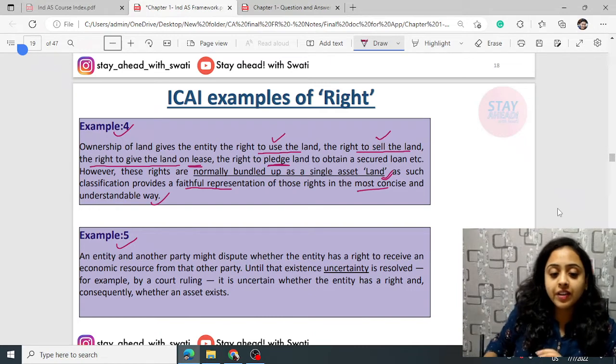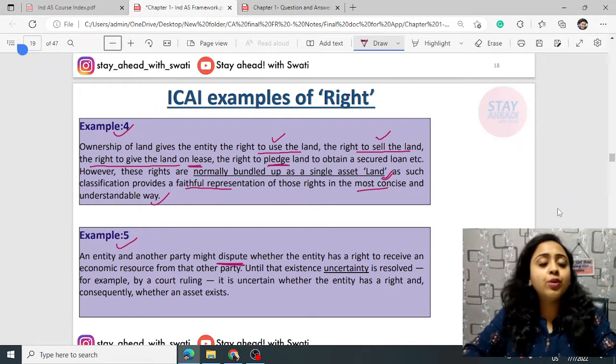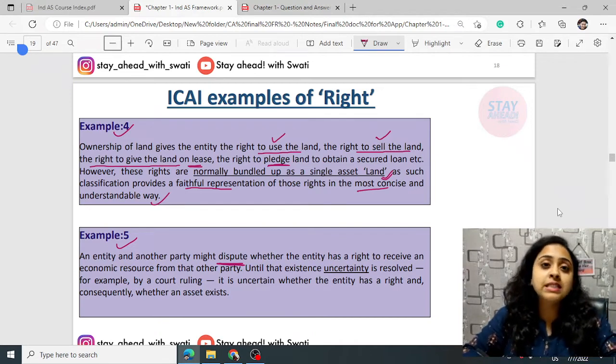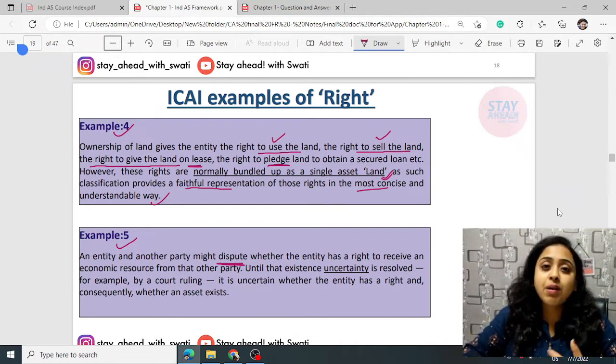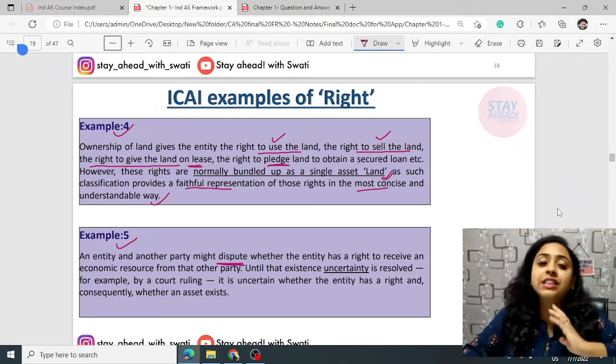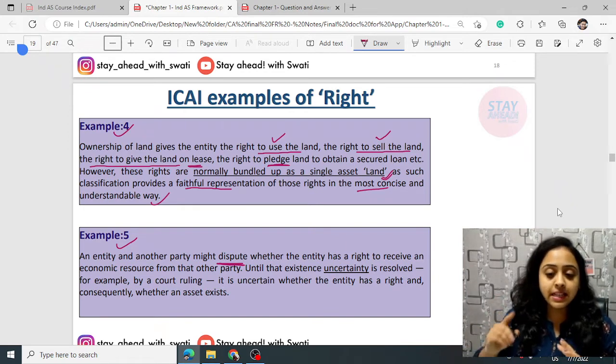Example number 5. An entity and another entity might have any dispute about the amount. Okay, for example, you have a debtor and there is a dispute going on. So, it might be contingent that you will be receiving the full amount, partial amount, or no amount. Okay, so till the time that dispute gets solved, it will not be considered as your right. Okay, see, read this.